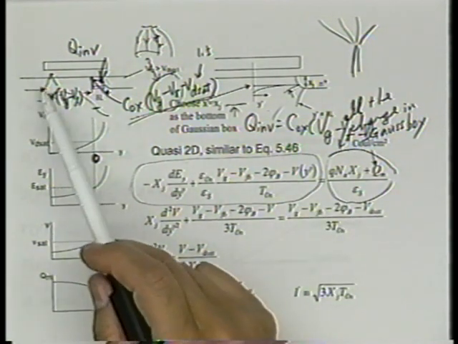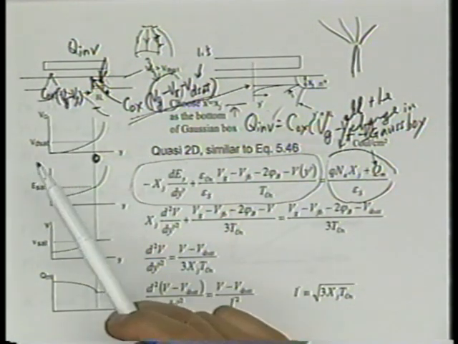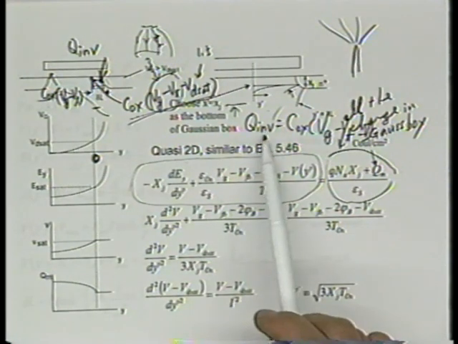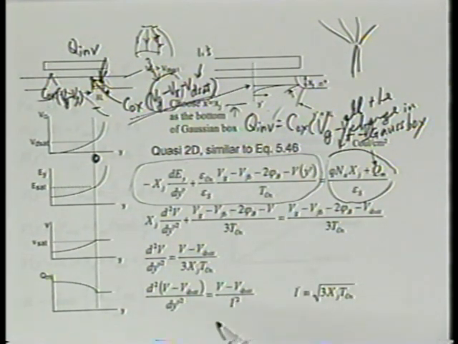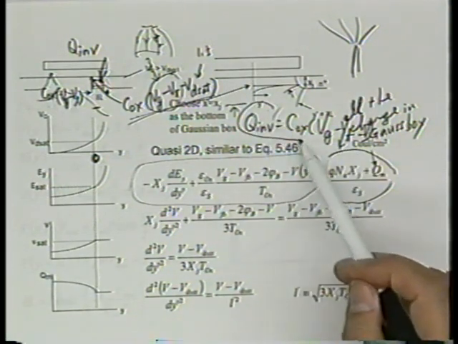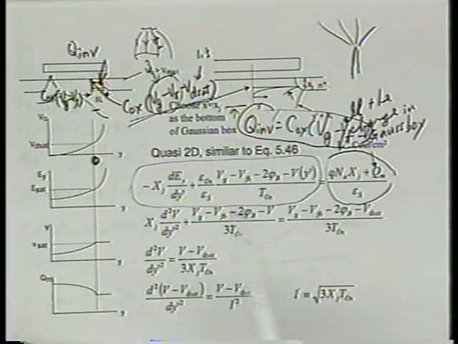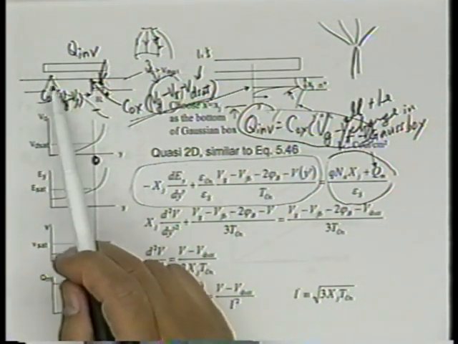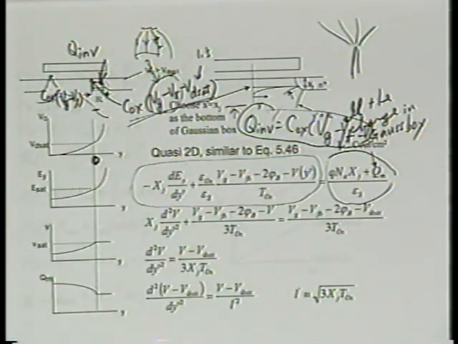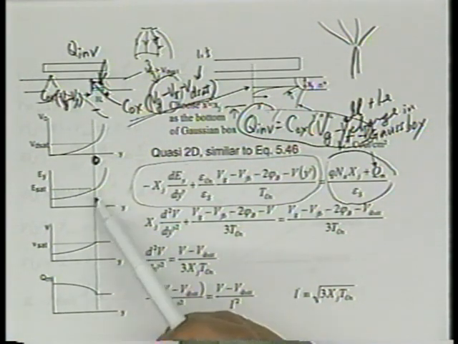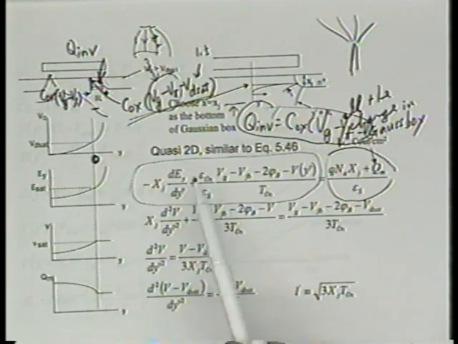But if we consider the second dimension, then the charge will not be just equal to Cox times (Vg minus Vt). Today, I'm not questioning this approximation, Q inversion equal to Cox times (Vg minus Vt minus V). It's a very good approximation, but only good in the region between the source and the pinch-off region, not within the pinch-off region. Within the pinch-off region, the electric field is changing so rapidly that we cannot ignore that term anymore.